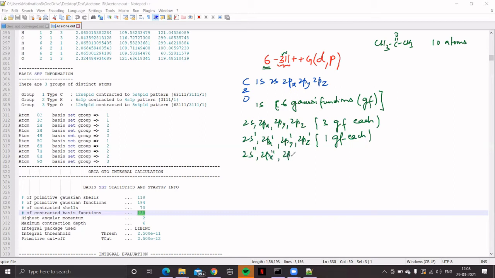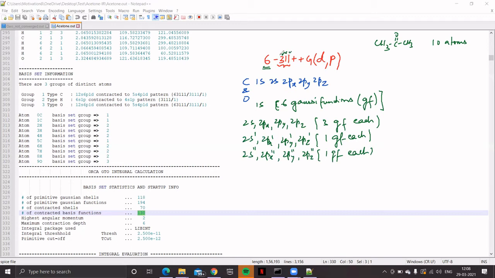So the more the number of basis sets, the more the flexibility in the size. So one Gaussian function is the third one, this one. So the first set of valence orbitals is made up of 3 Gaussian functions for each valence orbital. The second set is made up of 1. The third set is made up of 1.